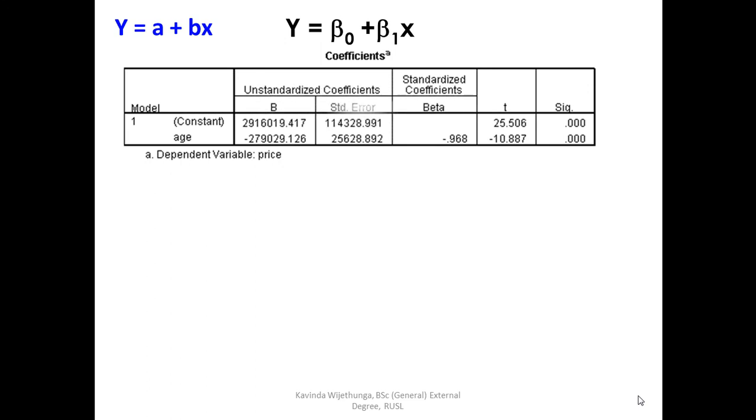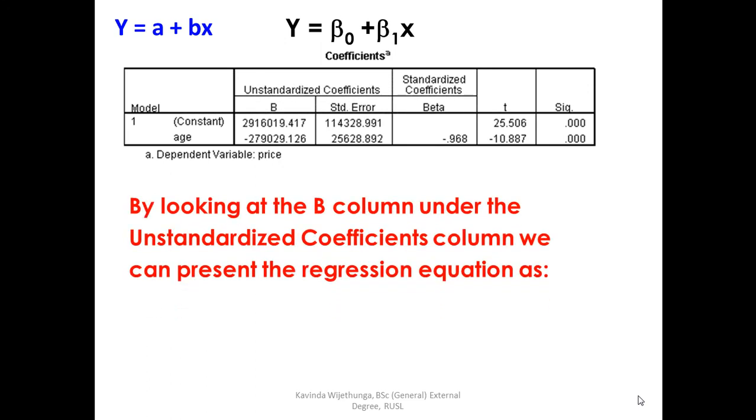So now we can write the regression equation. We know that y equals beta naught plus beta 1 x. So by looking at the B column, beta naught and beta 1, you can find beta naught, which means the constant, and beta 1, which means the coefficient of the independent variable.